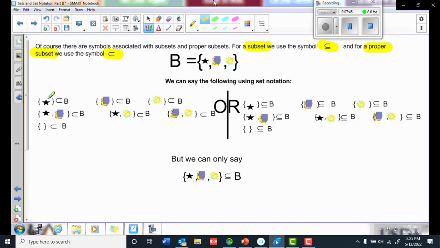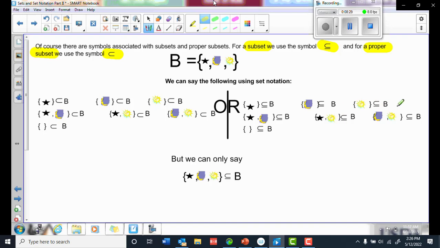We can say the set of star is a proper subset of B. The set of moon is a proper subset of B. The set of sun is a proper subset of B. All the proper subsets that we found before, we can say they are a proper subset of B. But we can also say, instead of saying star is a proper subset of B, we can say star is a subset of B. So remember, it was a subset of B also. Same with moon is a subset of B. Sun is a subset of B. And so on and so forth.